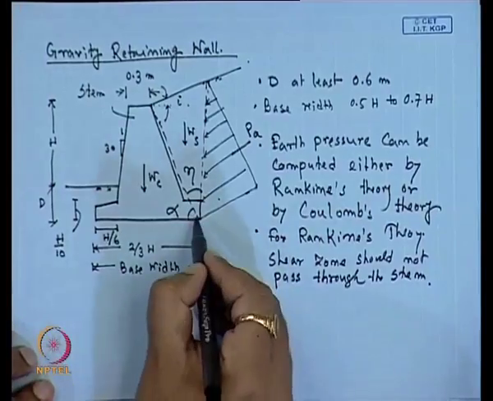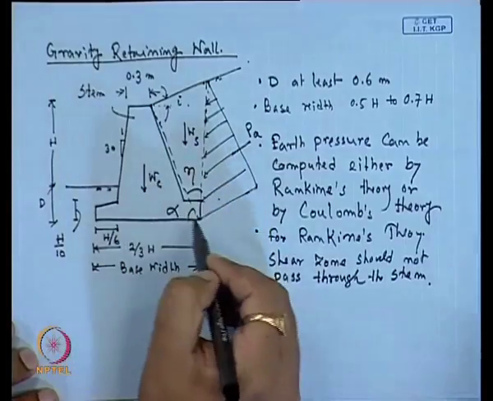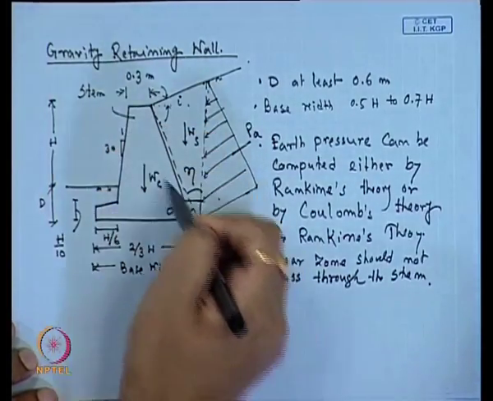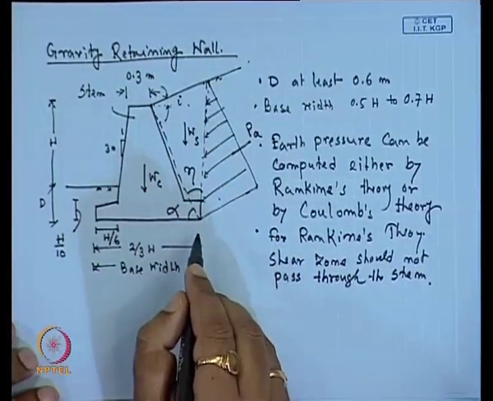That means that this line is the extreme line of this condition. If this line is passing through this stream, then that is not acceptable if I consider the Rankine theory.